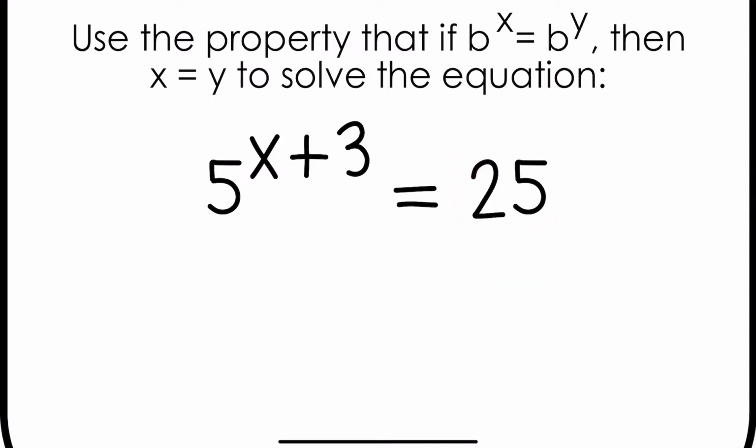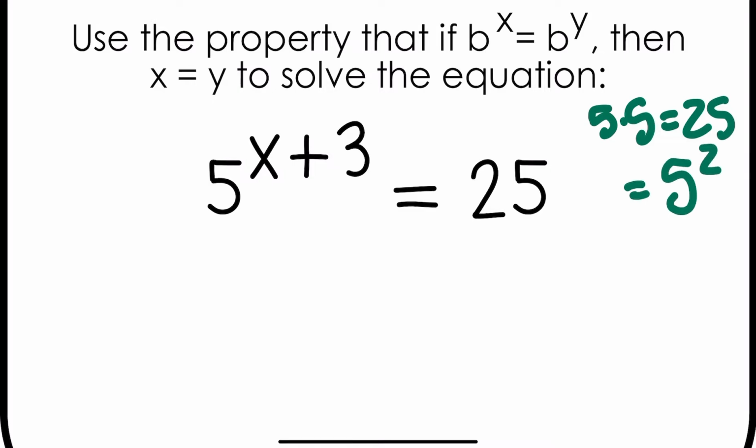I just don't know what my exponent will be for it. So we're going to need to find that out. So let's do that. I got 5 times 5. I know that's going to be 25, so we're already there. This is going to be the same thing as 5 to the second power because it took me 2 5s to get there. Okay, so I'm going to rewrite what I have.